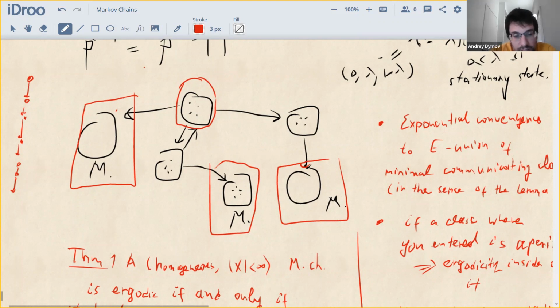Here this classification, periodicity, and so on, is strongly used. The basic ergodic theorem for chains with an infinite number of states sounds in a similar way, but you have some additional assumptions, so that you do not have a situation like here, where you just go away to infinity.